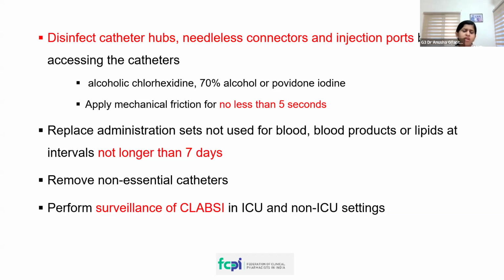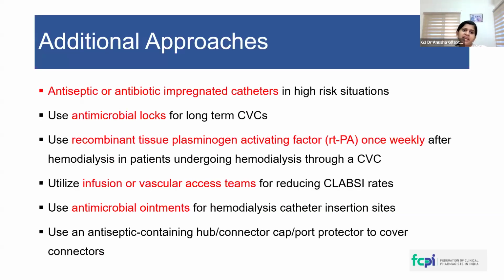Now, what are the additional approaches mentioned by IDSA to prevent CLABSI? One is in the case of high-risk situations, you can use antibiotic or antiseptic impregnated catheters. For long-term CVCs, you can use antimicrobial lock solutions.